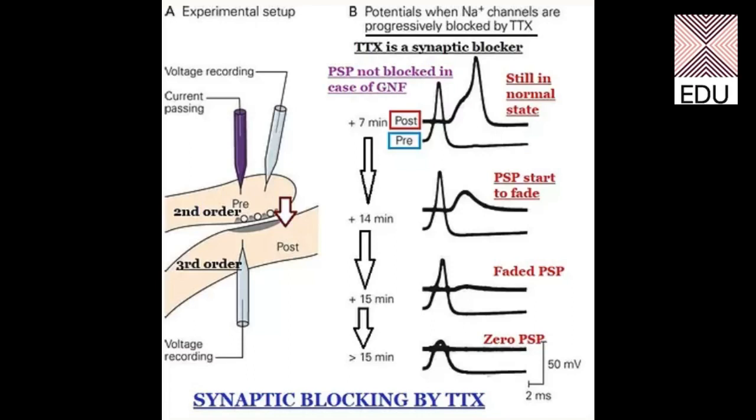Now if you see part A of this diagram, it is showing the experimental setup in which we have two fibers. Both are the giant nerve fibers of the squid. The uppermost is the second order or presynaptic fiber, and the lower is the third order postsynaptic fiber, and we have to see the extent of the voltage between these two fibers.